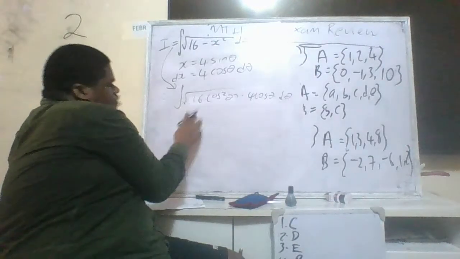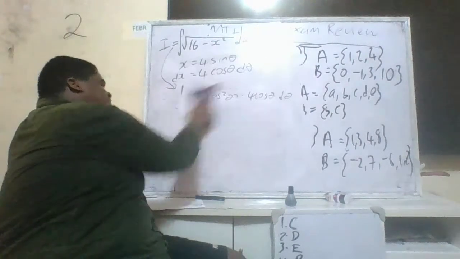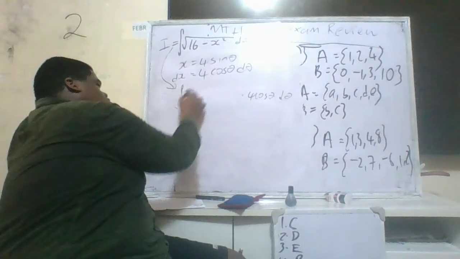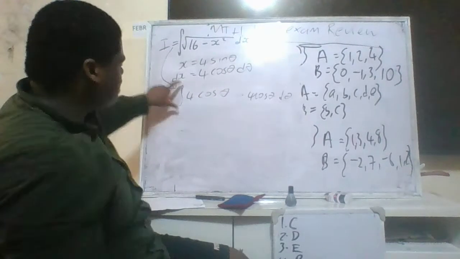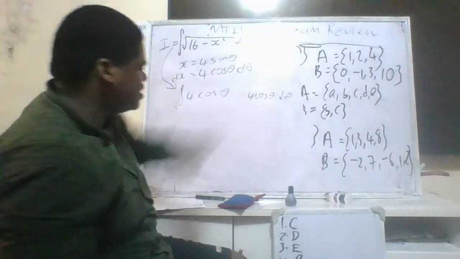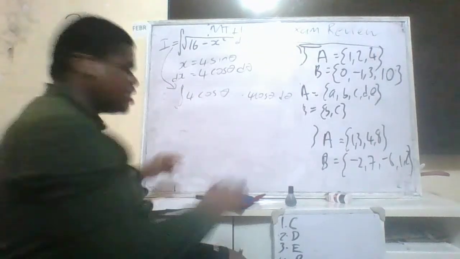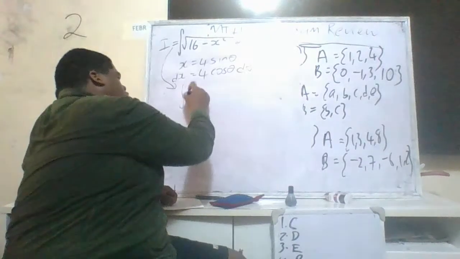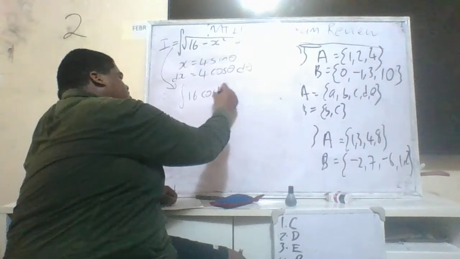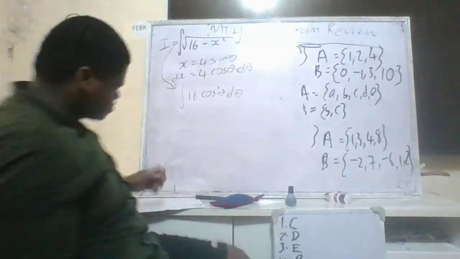Since we have the square root of 16 cos square theta, we can simplify this to 4 cos theta. So here we have the integral of 4 cos theta times 4 cos theta d theta. You can simplify that, and we have the integral of 16 cos square theta.